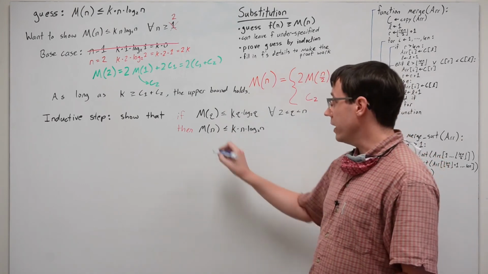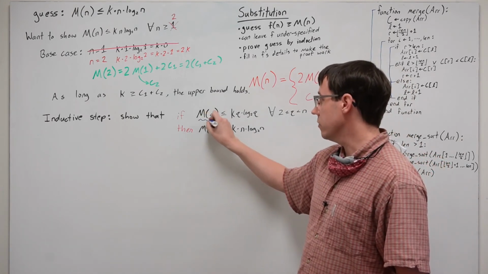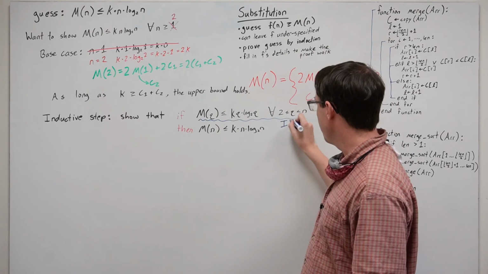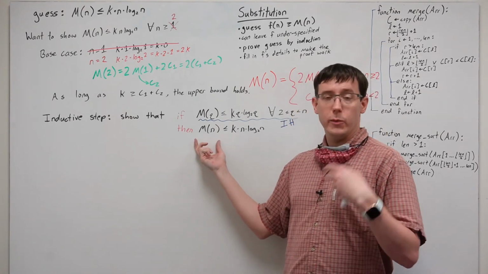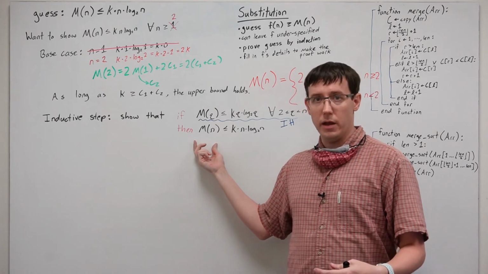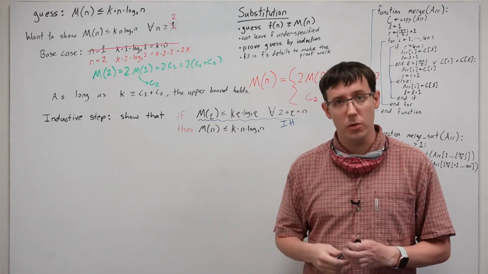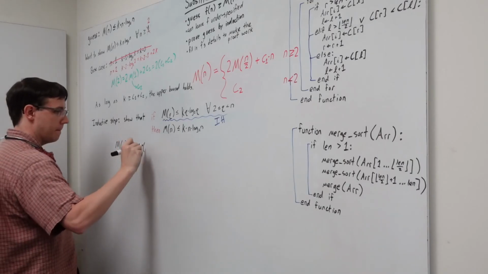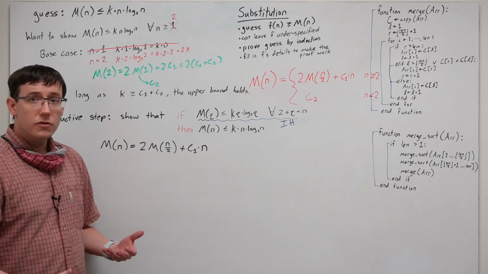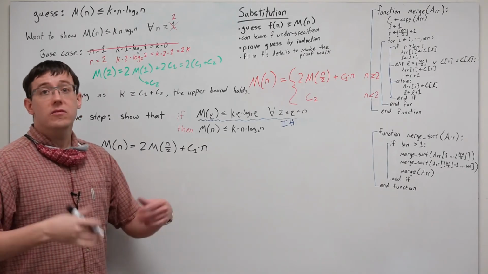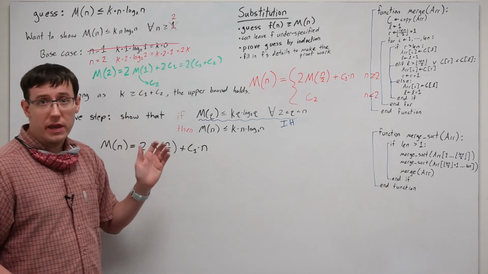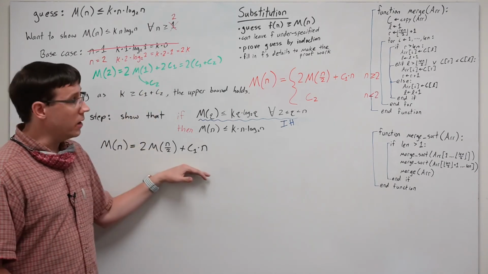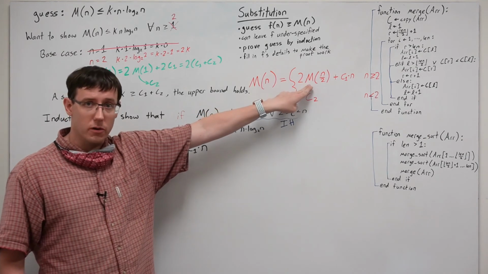That means our inductive hypothesis is this. So let's express our recurrence evaluated on n and try to give it an upper bound. Since we're thinking about some value of n that is bigger than our base case, we know we are in this case of the recurrence.